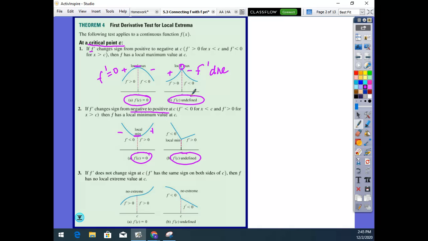If you want to pause the video where you can write this all down, that's fine. Number 3 is important because this is where there is no sign change. You might have a zero slope or the derivative does not exist where it's positive to positive or negative to negative. So that's why you always need to use sign charts to verify and justify your thinking.